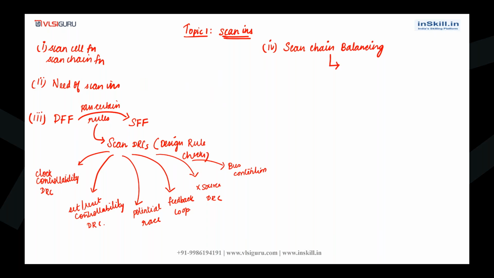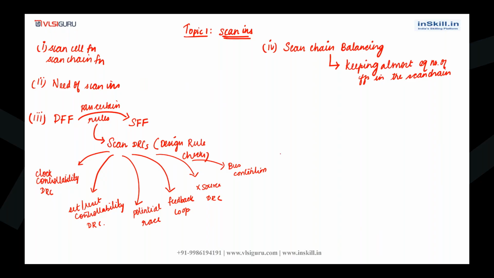Keeping almost equal number of flops in the scan chains is called scan chain balancing.